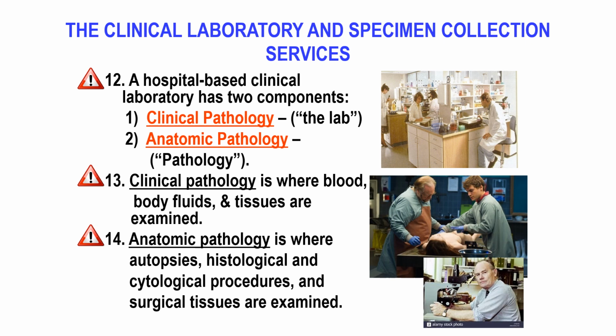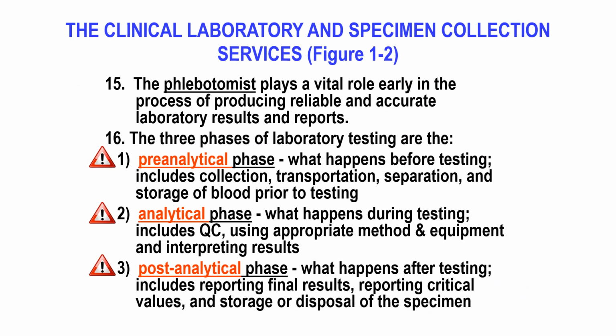For instance, if you have something removed, whether it's a tumor, a skin lesion, even a bullet, if you have a pap smear done, those tissues are brought down to the anatomic pathology department of the lab, and then they're examined for things such as cancer. So the phlebotomist plays a vital role in the process of producing reliable and accurate laboratory results and reports.